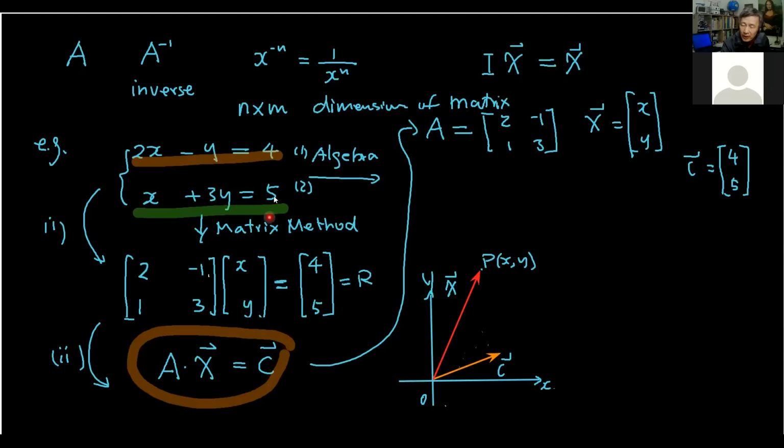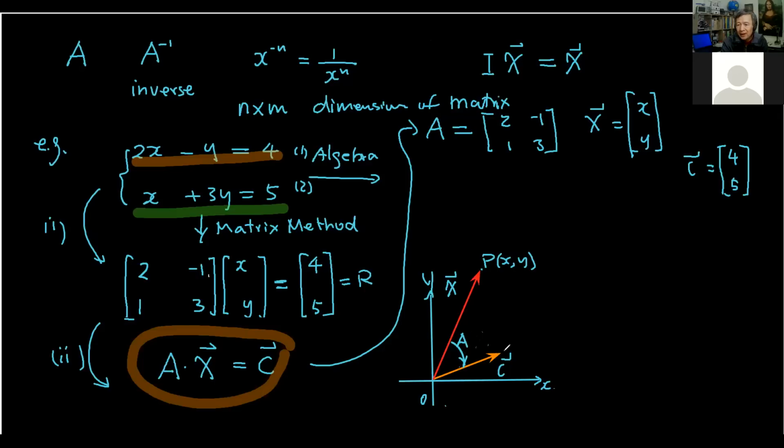In this case we can draw that diagram. So this is A. If we knew the position vector x and multiplied by the A matrix, we get to C.